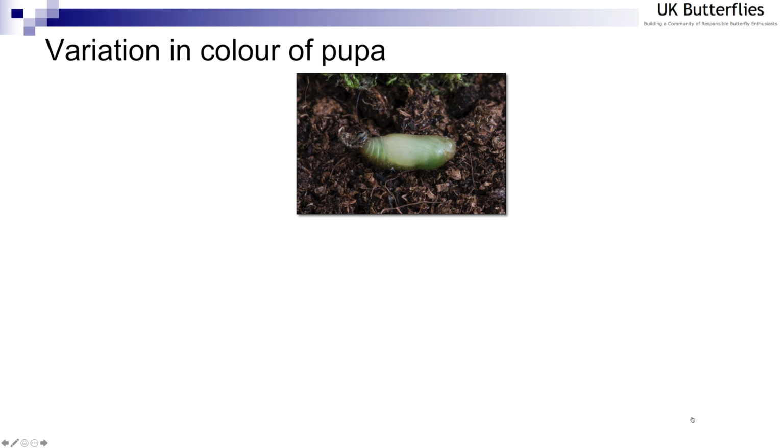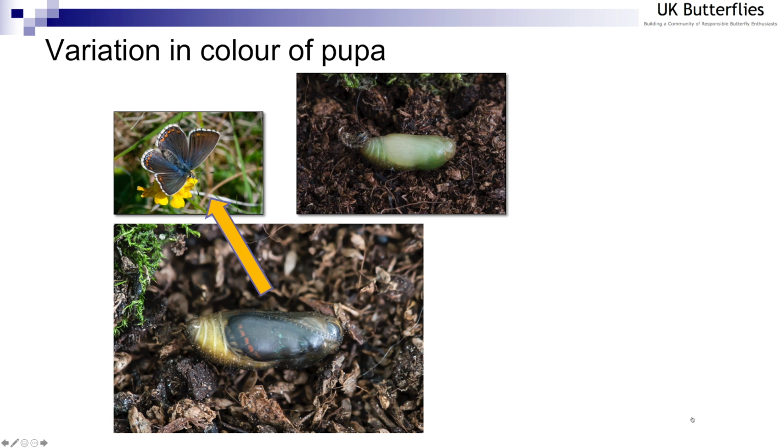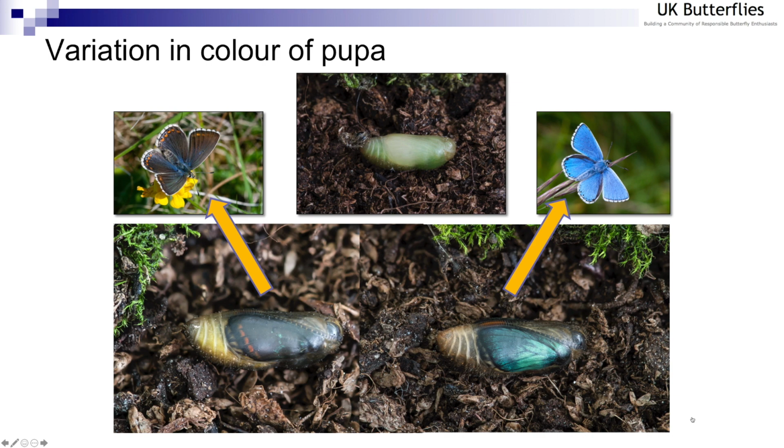And finally, there may be variation in the pupa simply because as it colours up, there may be differences because of the sex of the pupa, whether it's male or female. So here's an example of an Adonis blue that's recently formed, and if the pupa is going to turn into a female, then what you see coming through the wing cases is primarily brown colouring, because the female Adonis blue is normally primarily brown and has brown wings, whereas the male has a very fluorescent blue wing coloration, and so the pupa itself looks very different once it's coloured up from a female pupa in this particular case.